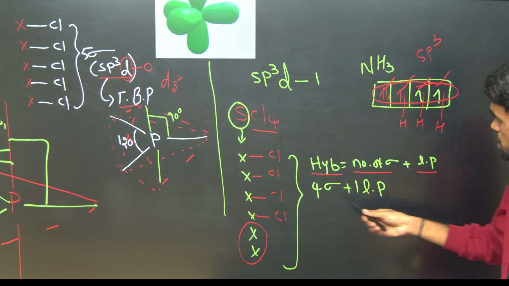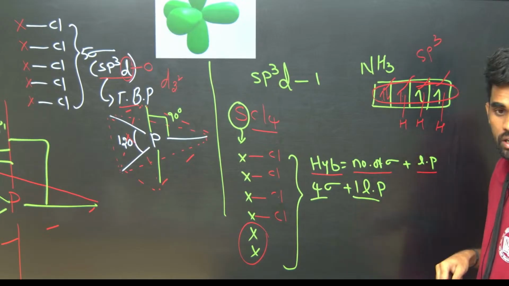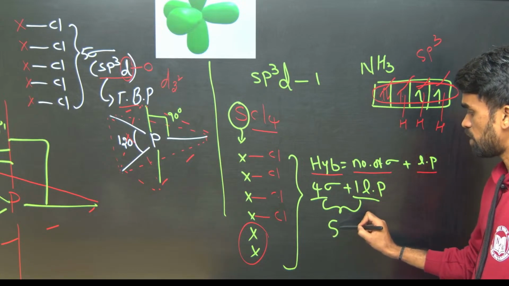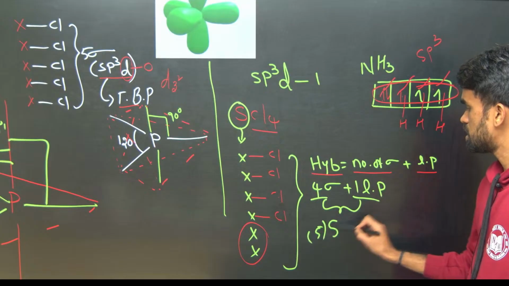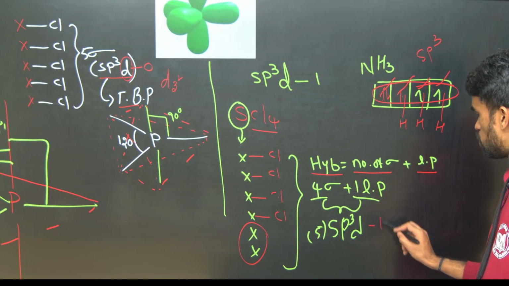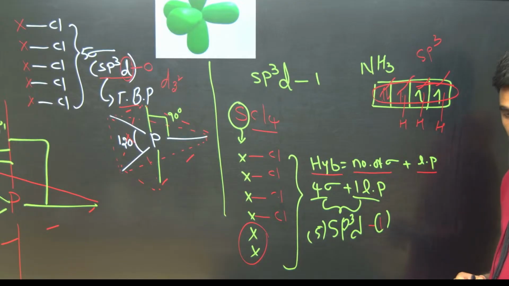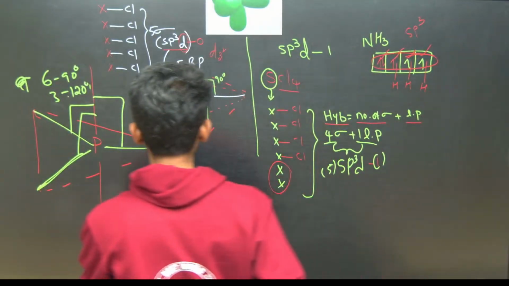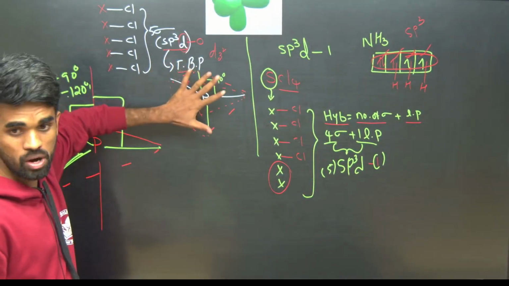Similar to that, here also 4 sigma bonds and 1 lone pair. So what is the total hybridization now? 4 plus 1, 5. It means sp3d, with 1 lone pair.